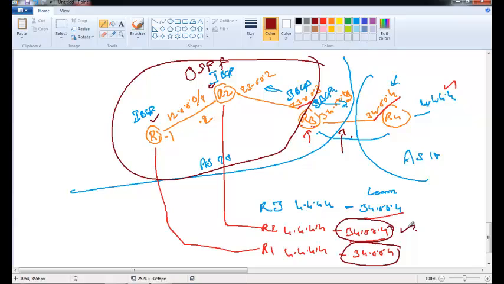Through BGP it has got the update, but R2 has no idea how to go to 34.0.0.4. Because we don't run OSPF on this link, because it is between two different autonomous systems, R2 and R1 don't know where 34.0.0.4 is, even though they got the route in their BGP table.